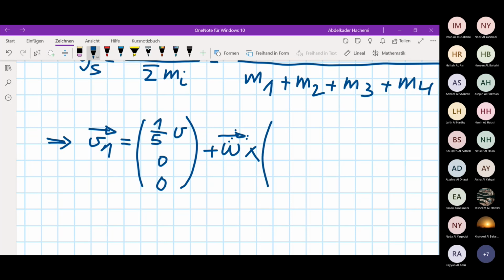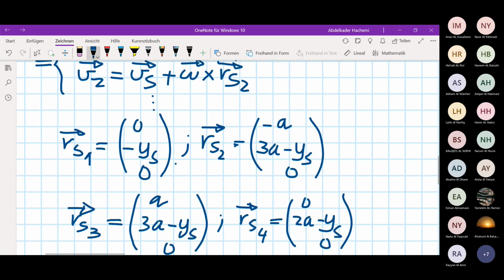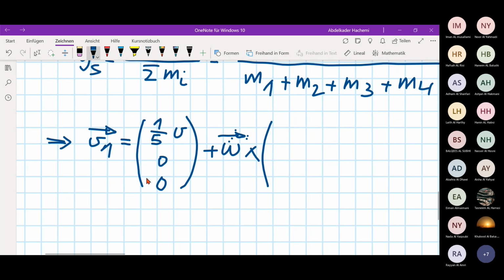Now we have omega, it's given in z direction. And for the r as 1, then we have here 0 minus ys 0. Then it means we have here minus 8 divided by 5 and a 0.